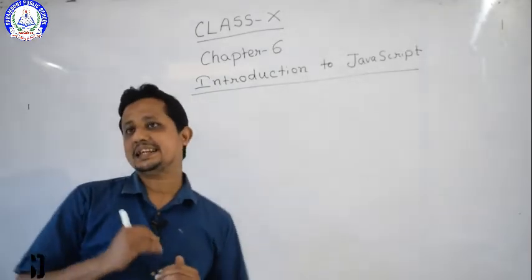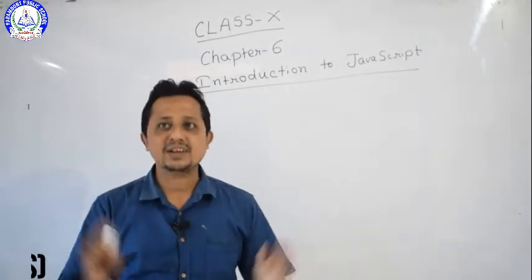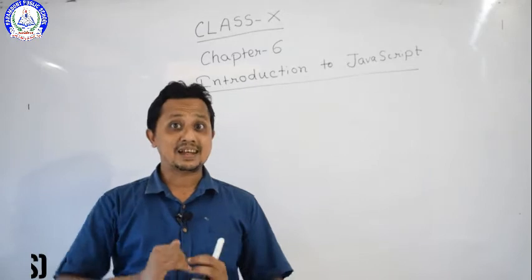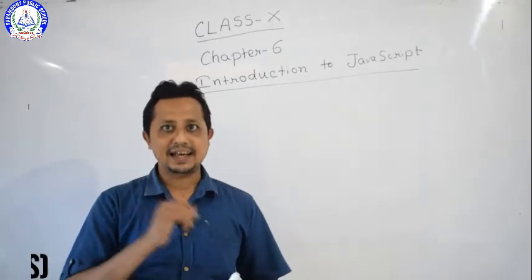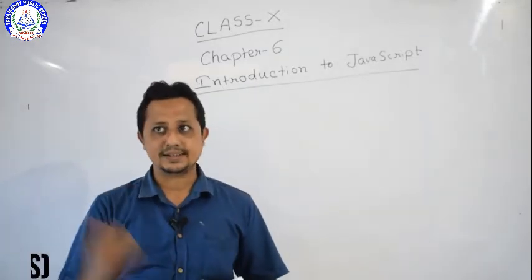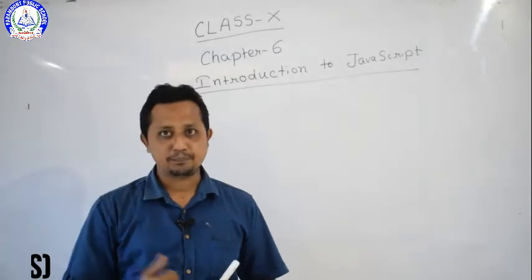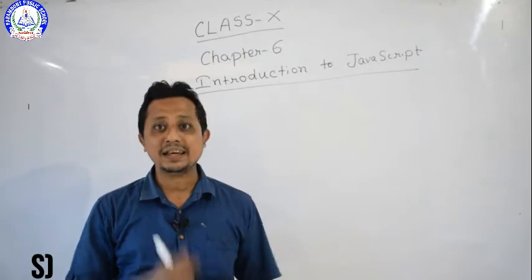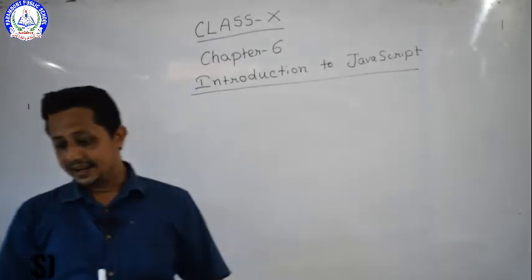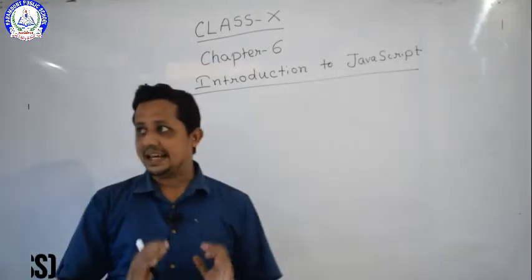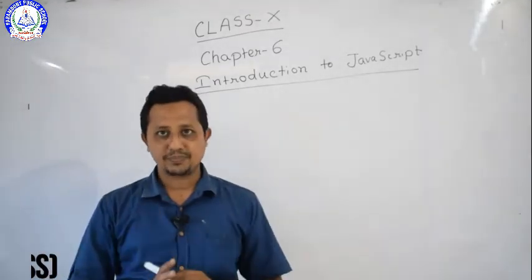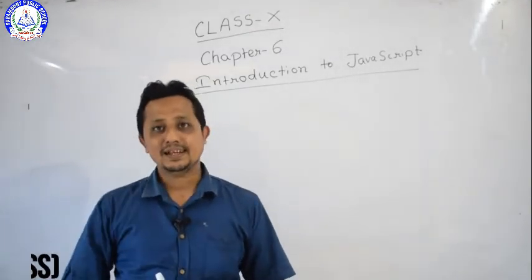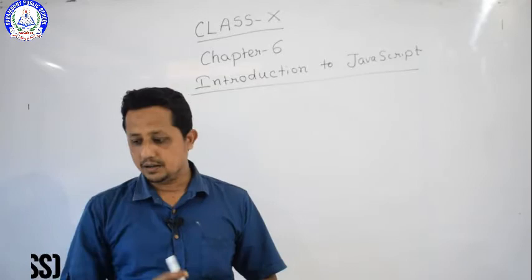And basically in JavaScript we will be finding some programming structure, as we have found in, say, C. We can use some programming structure. A JavaScript code is written within a tag.